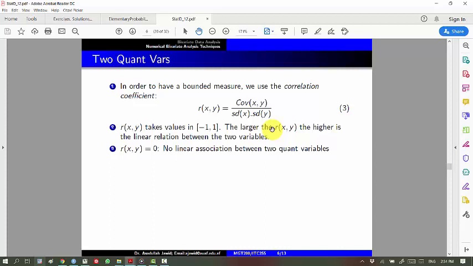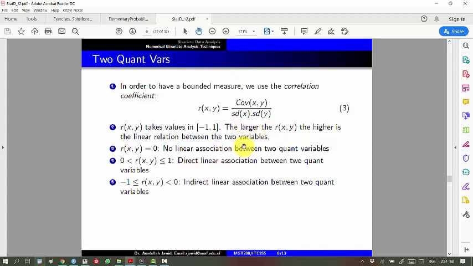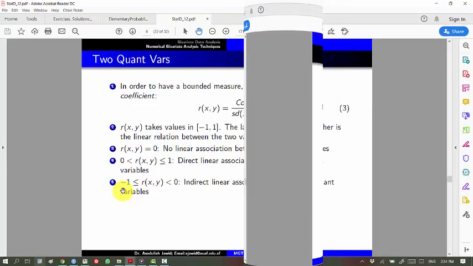If correlation is 0, this is an indication of no linear association. If the correlation is between 0 and 1, that means it is positive, and we have direct linear association. If correlation is between -1 and 0, we have indirect linear association. And remember that in practice, it is almost impossible to get a correlation of 0, 1, or -1.